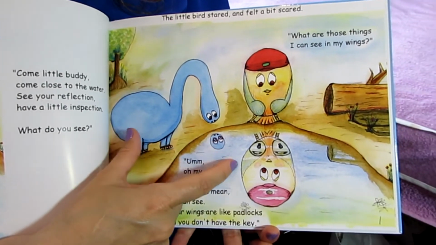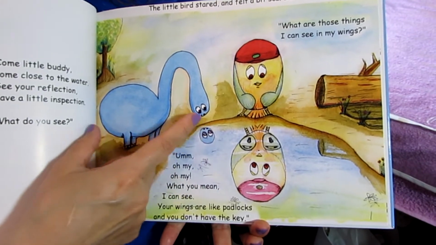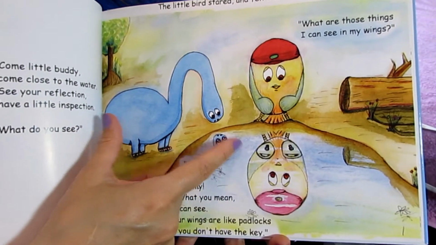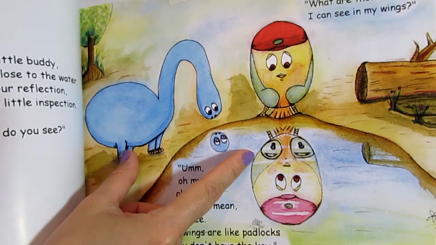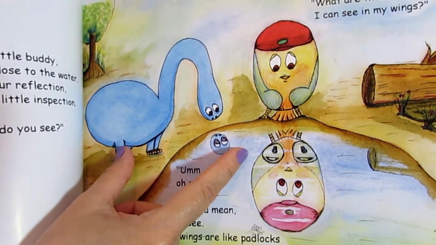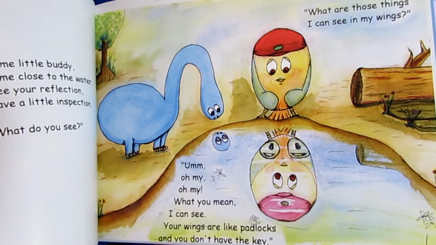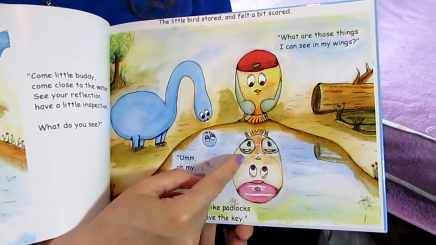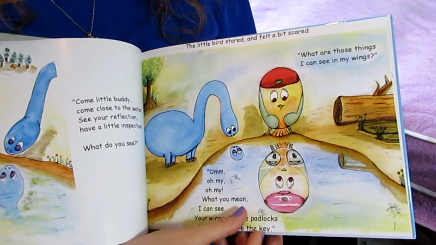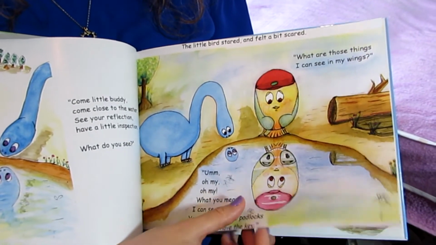He sees in the reflection in the pond how the little bird was not able to see even his wings, which is a problem that children have, that they don't have the orientation of their letters.